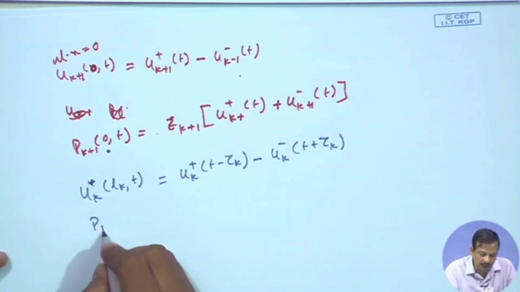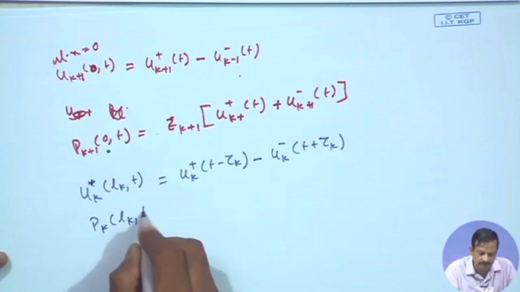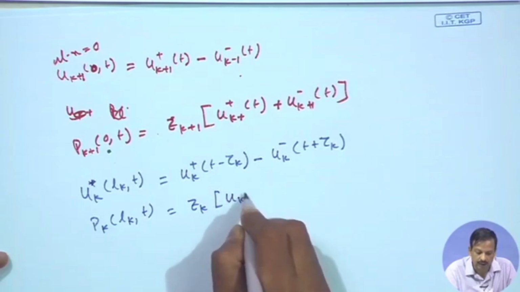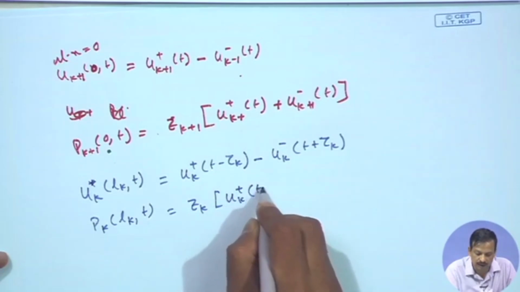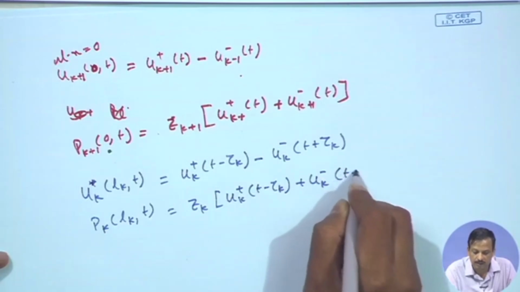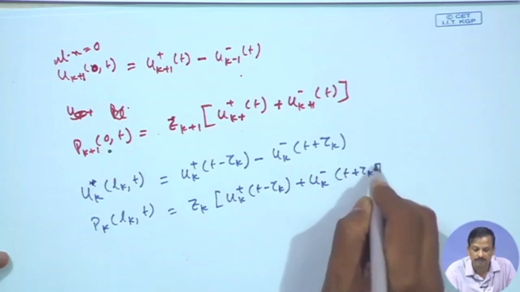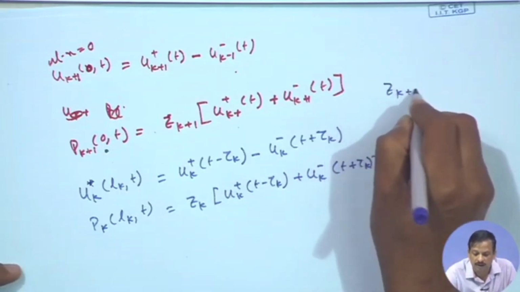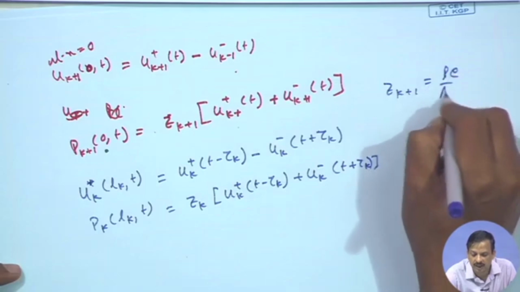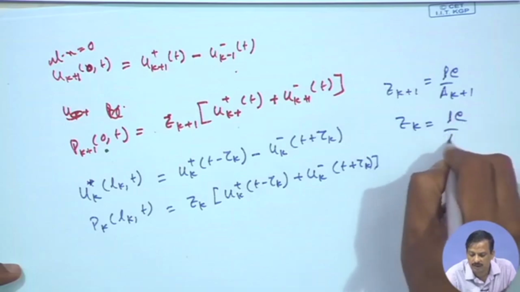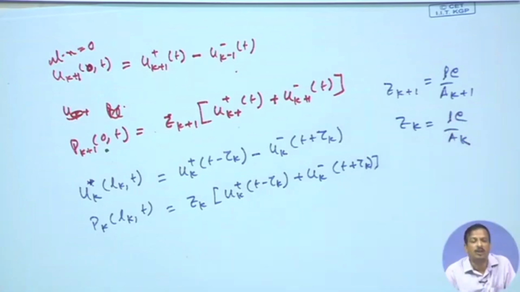And P_k(L_k, t) is nothing but z_k into u_k plus (t minus tau k) plus u_k minus (t plus tau k). Okay, where z_{k+1} is nothing but rho c by A_{k+1} and z_k is nothing but rho c by A_k. Cross sectional area of the tube is A_k. Okay or not.